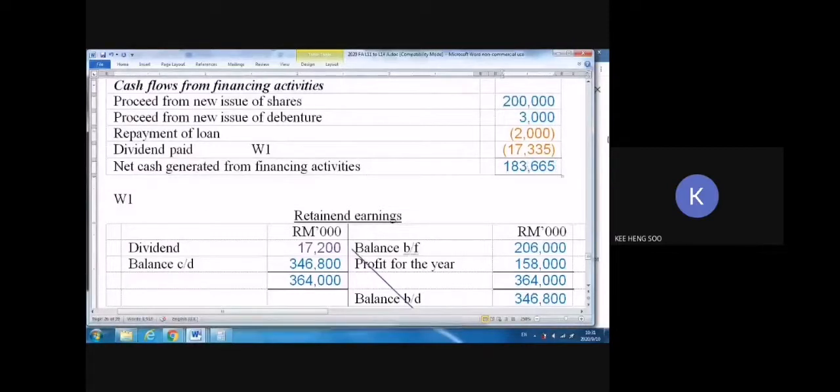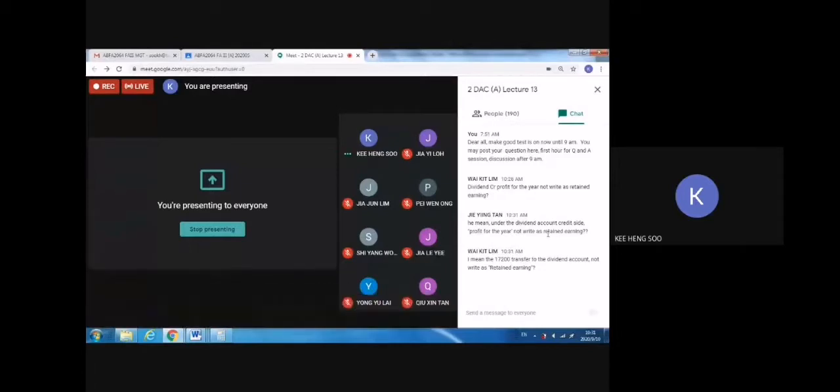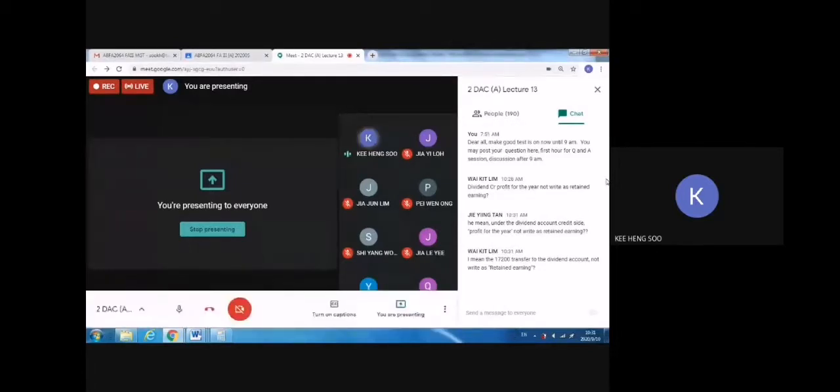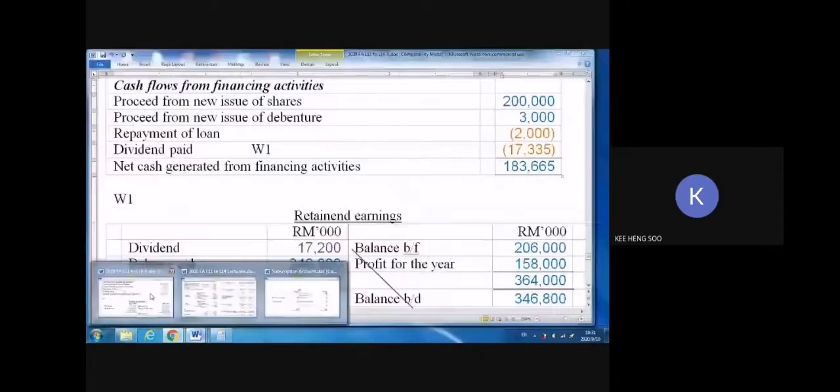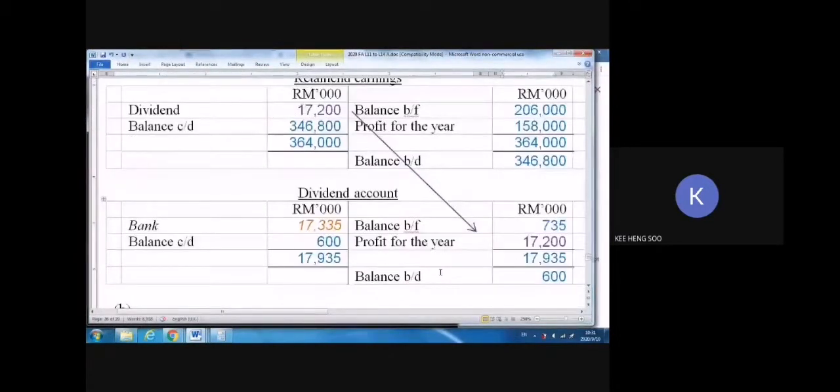Okay, thank you. I don't know where's my mistake. Wait. Under the dividend account credit side, profit for the year. Oh yes, profit for the year. You write retained earning. Sorry, very blur already. This one, write retained earning.